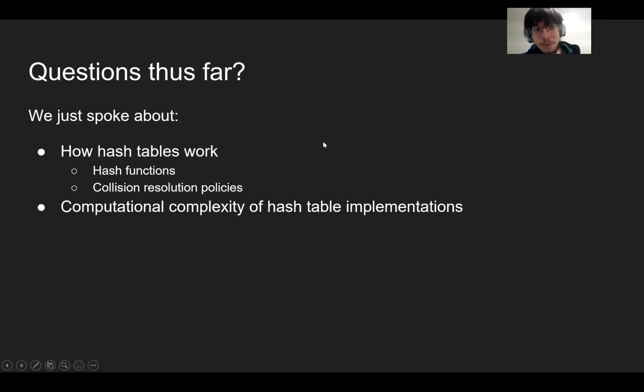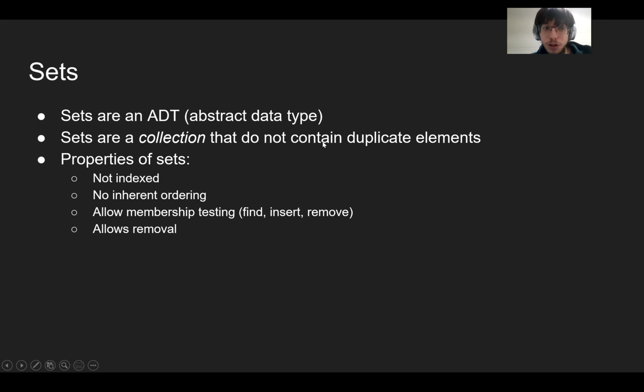Now we're going to talk about sets. Sets are an abstract data type, like queues, priority queues, and stacks. The interesting thing about sets is that they're collections that don't contain duplicate elements. Sets are not indexed; there's no inherent ordering.